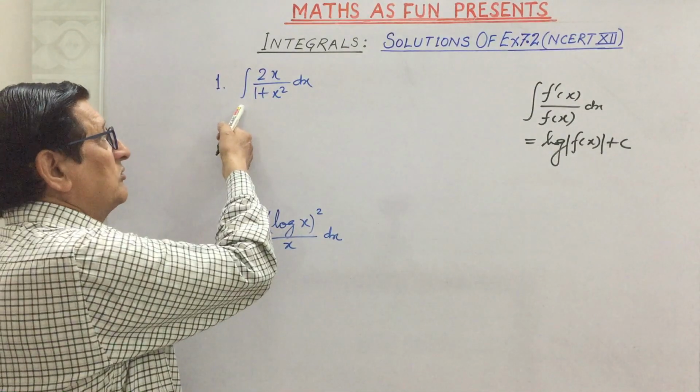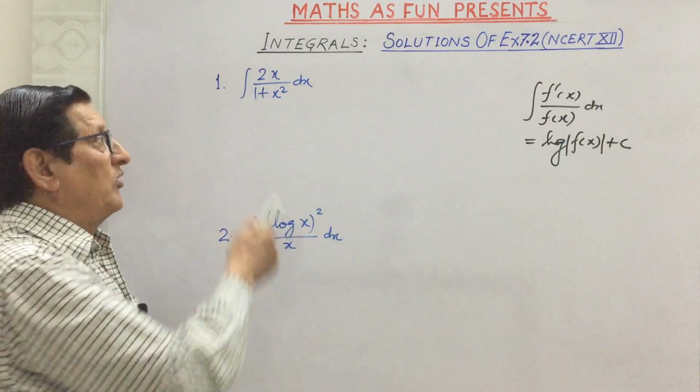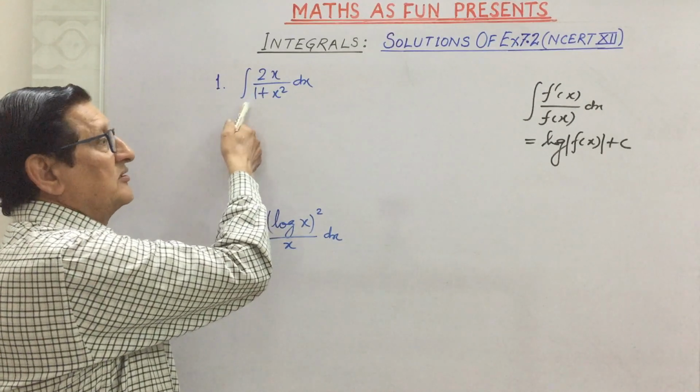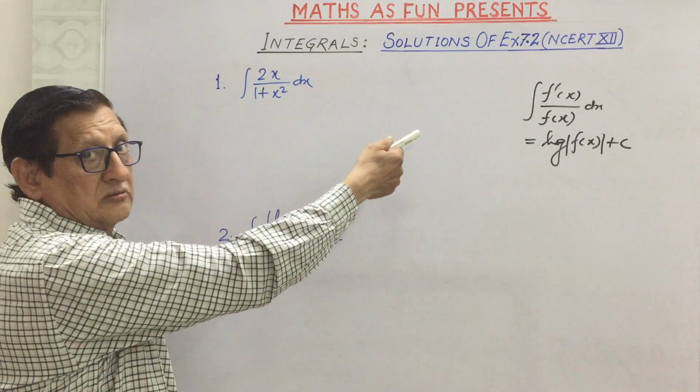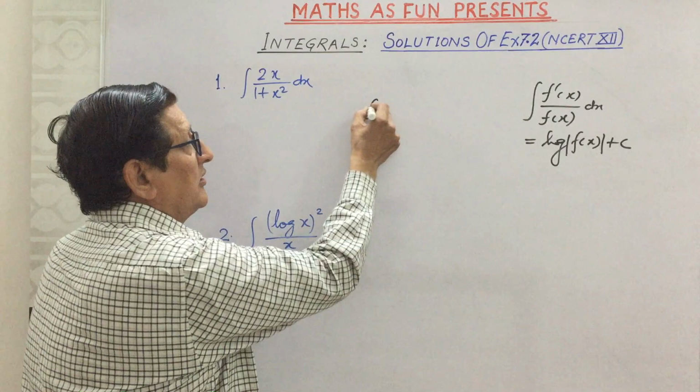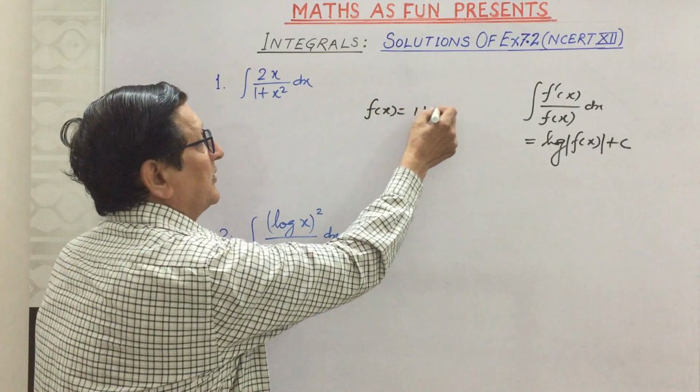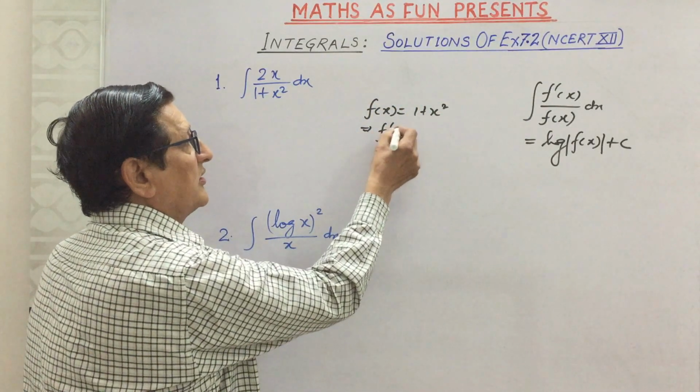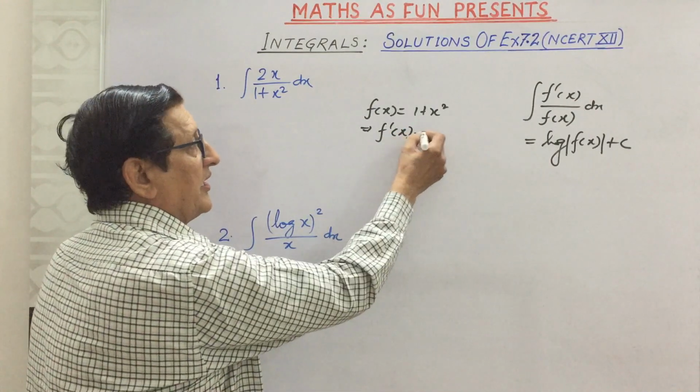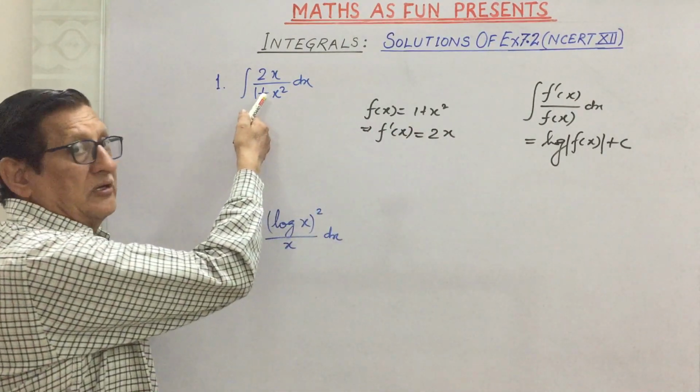So in this particular problem, 1 plus x square is the function which we can consider as f x. If we take f x equal to 1 plus x square, we get f dash x is 2x, which is available here.